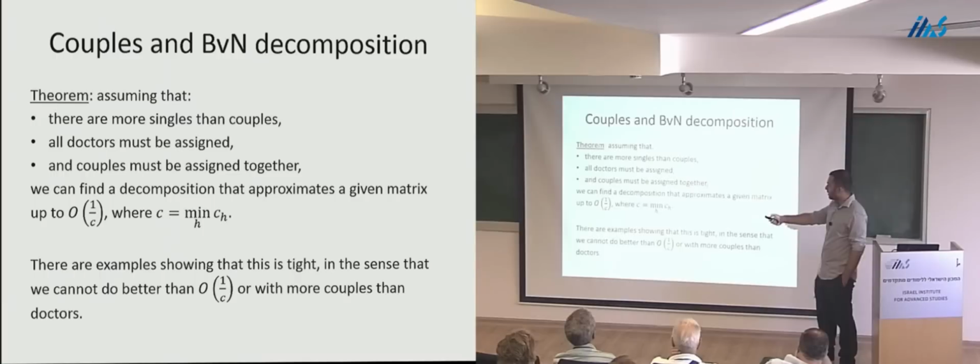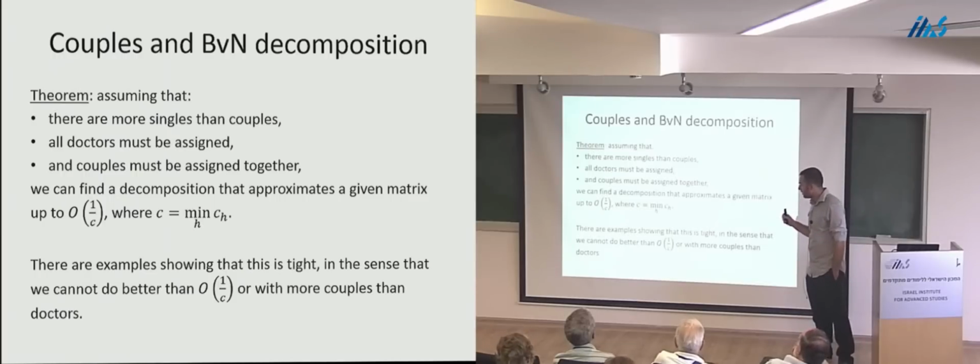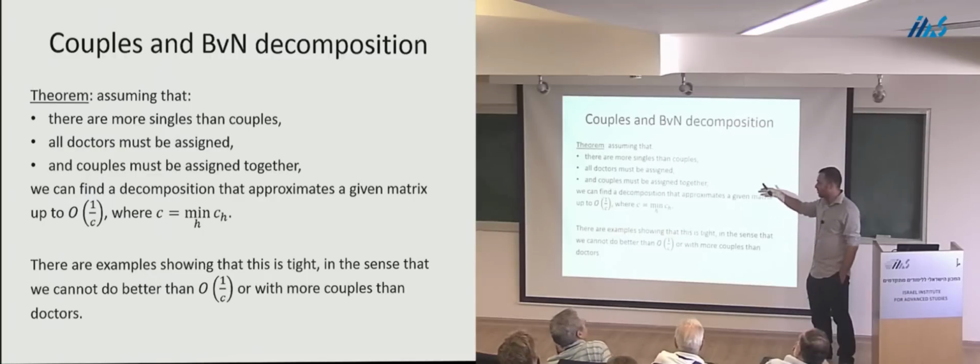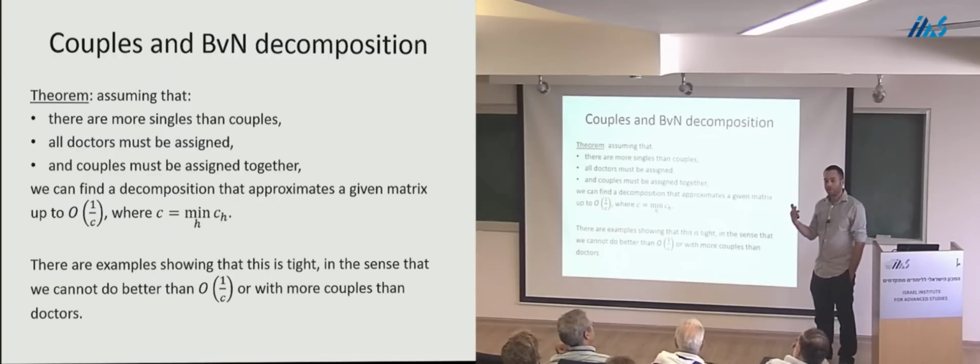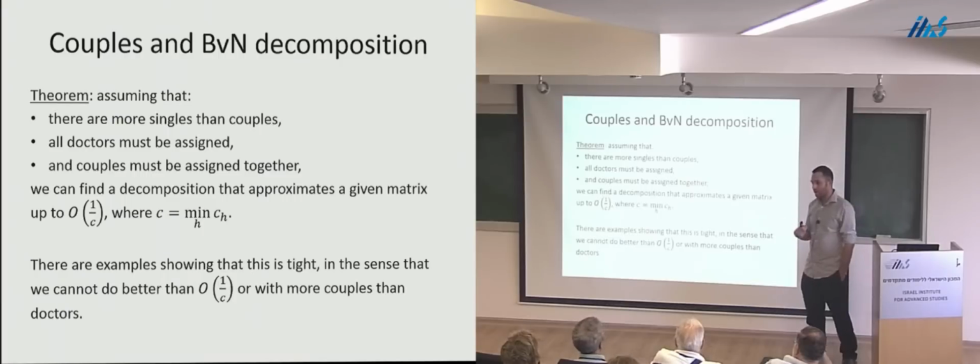So suppose that there are more singles than couples, and that all doctors must be assigned and all couples must be assigned together. And I didn't write it here, but this means that we're always using valid efficient deterministic assignments, okay? We can find a decomposition that approximates a given matrix up to something that looks like 1 over C, where C is the smallest capacity of any hospital.